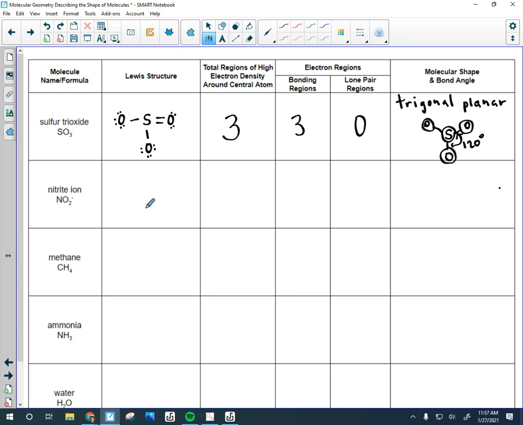All right, moving on. Nitrite. Nitrite ion. So NO2 with an extra electron giving it a -1 charge. The Lewis structure will have a nitrogen as our central atom. It also has a double bond and a single bond. So I'll do one of the oxygens double bonded.